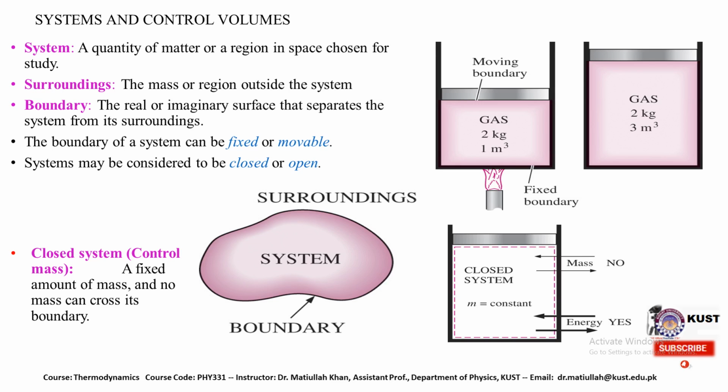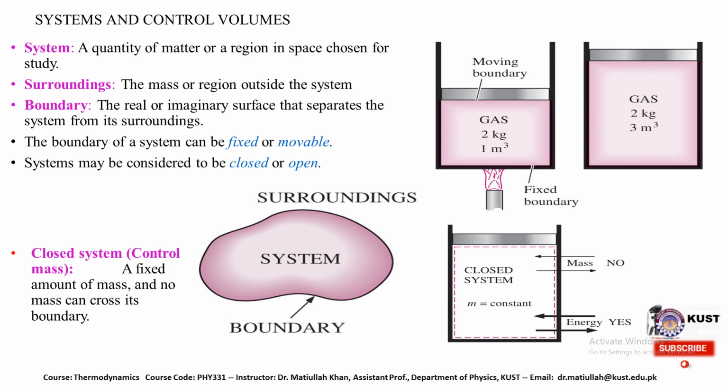Again, we are describing the nomenclature of thermodynamics: the system, surroundings and boundaries. The system is anything under consideration, the surroundings are anything that is not under consideration, and the boundary is the region or space between the system and surroundings.